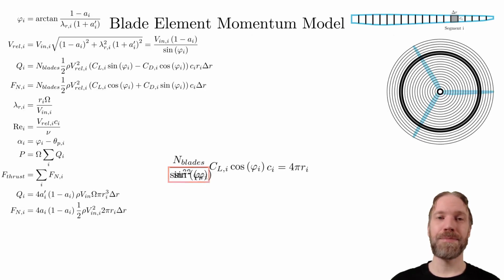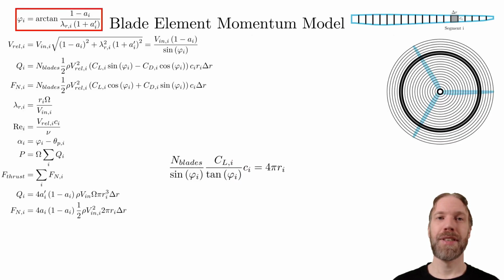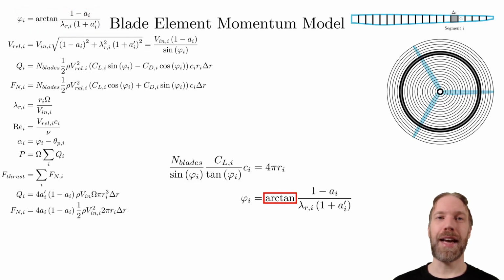Split this square. Cosine over sine is 1/tangent. Use the expression for angle of relative wind. Take tangents of both sides. Use that a is 1/3. 1 minus 1/3 is 2/3.